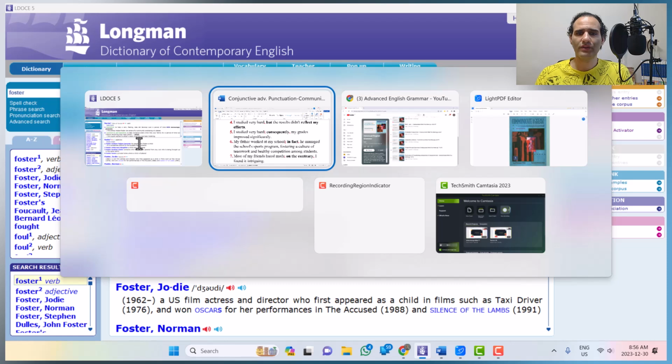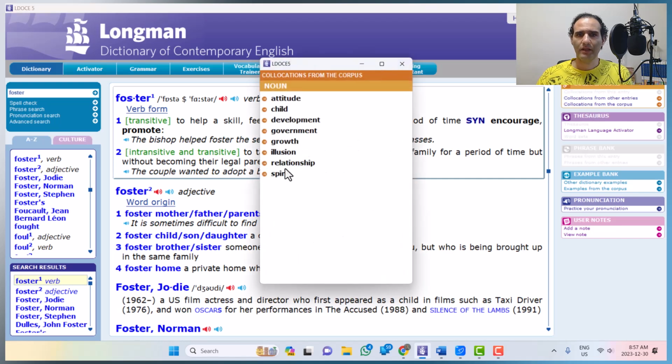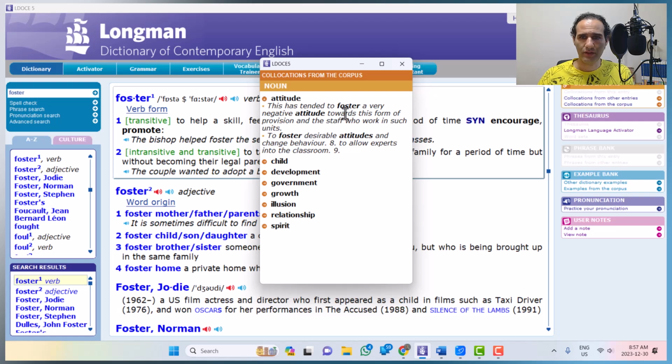Also, let me teach you something here. It could be useful for you. So, in your Longman, you can come here under collocations from the corpus. And here, it says, foster comes with these nouns. For example, foster an attitude. And these are the examples.